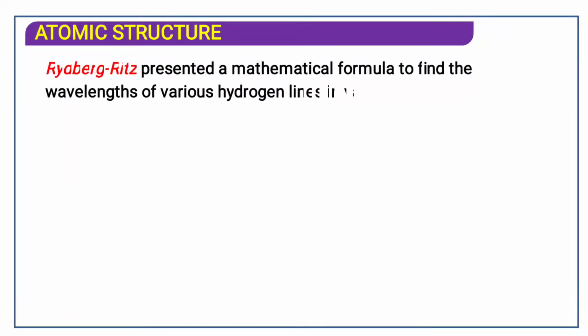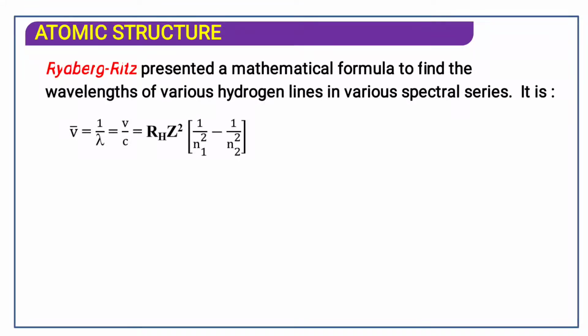Rydberg represented a mathematical formula to find the wavelength of the various hydrogen spectral lines. For every spectral line Rydberg was able to find the formula: v bar, or 1 by lambda, which is the wave number, is equal to R H Z squared into (1 by n1 squared minus 1 by n2 squared). Here lambda is the wavelength, R H is the Rydberg constant, Z is the atomic number, n1 is the initial lower orbit near the nucleus, and n2 is the farther, higher orbit.